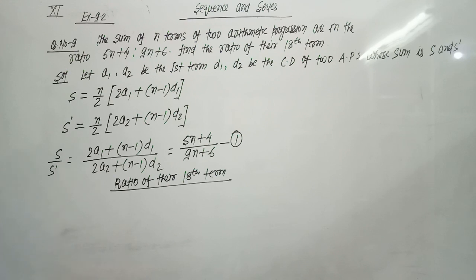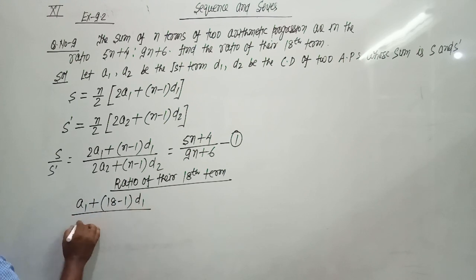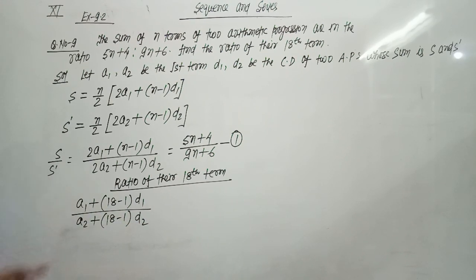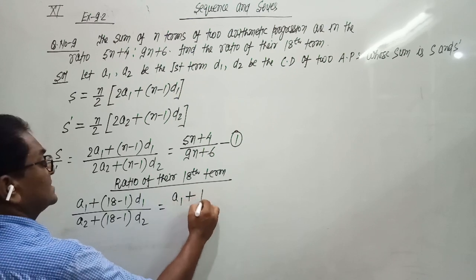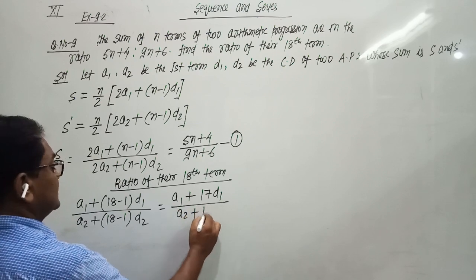The 18th term of the first AP is calculated by A1 plus n minus 1 into D, with n being 18: A1 plus 18 minus 1 D1 upon A2 plus 18 minus 1 D2. This is the ratio of the 18th terms of the two APs. After solving, we get A1 plus 17D1 upon A2 plus 17D2.